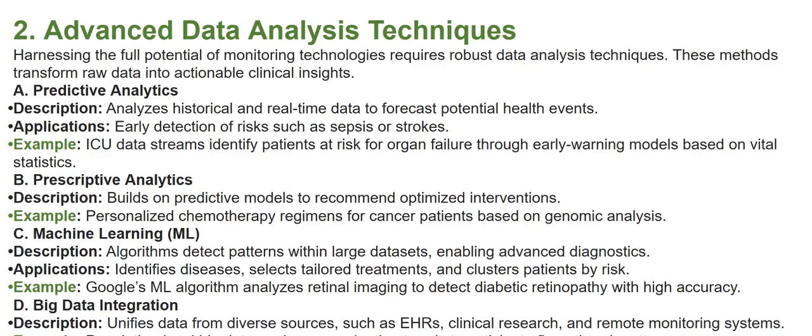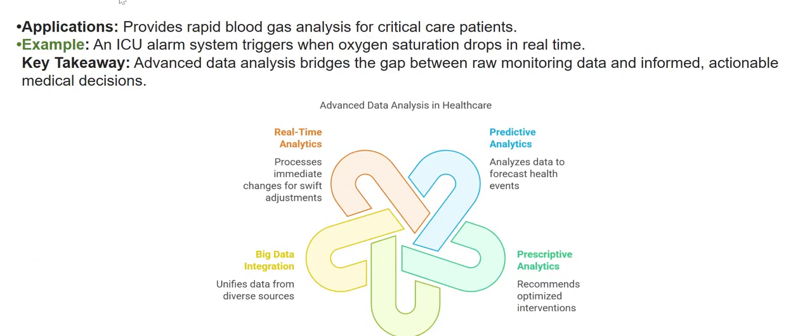Example: population level big data analyzes vaccination trends to anticipate flu outbreak patterns. Real time analytics. Description: processes immediate physiological changes to adjust treatments swiftly. Applications: provides rapid blood gas analysis for critical care patients.